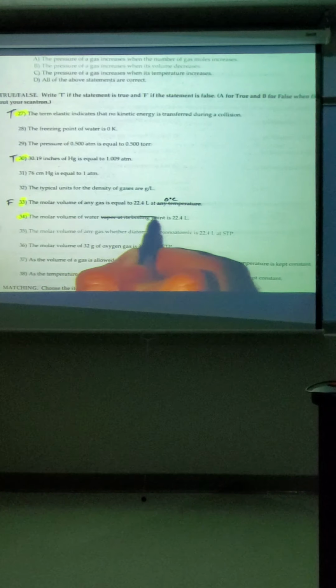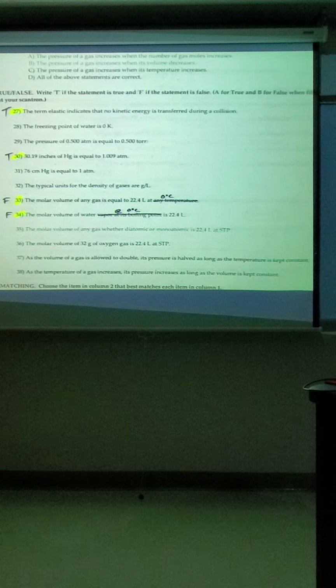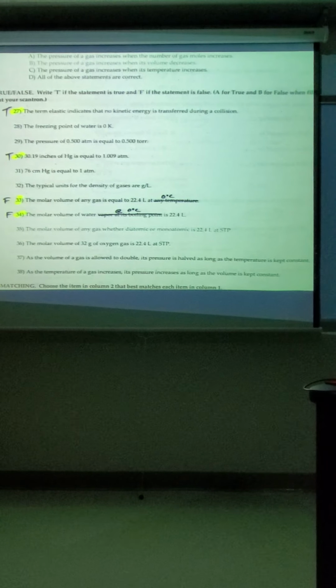Well, that's wrong for the same reason. You wouldn't have water vapor. It would be water at 0 degrees because 22.4 only works at STP, which is 0 degrees, 273 Kelvin, no matter what. So it could be water, could be oxygen, could be ozone, doesn't matter. What does matter is the temperature is specific and the pressure is specific.